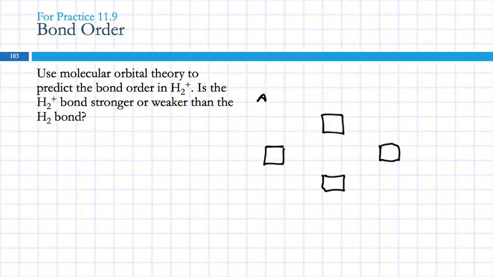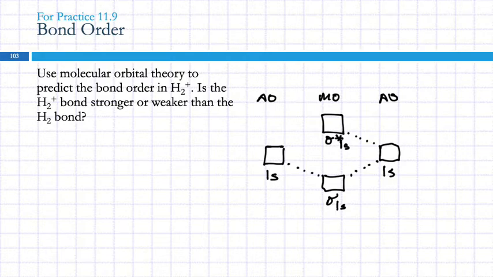So this would be the atomic orbitals and molecular orbitals. This is 1s, and this is 1s, and this is sigma 1s, and sigma star 1s. And then we often show where those came from.